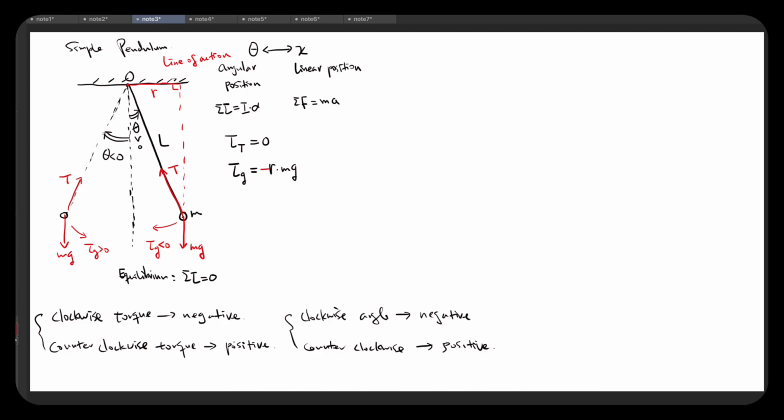To summarize this picture, if the theta here is positive, then the torque due to gravity is negative. And if the angle is negative, then torque G is positive. So that's why we call the torque here due to gravity a restoring torque.